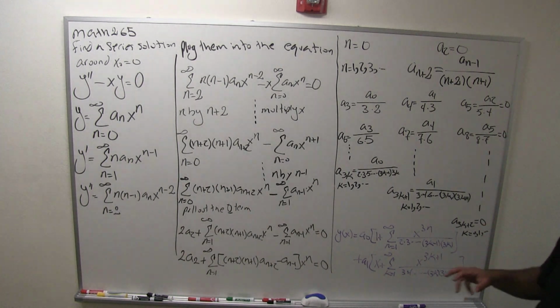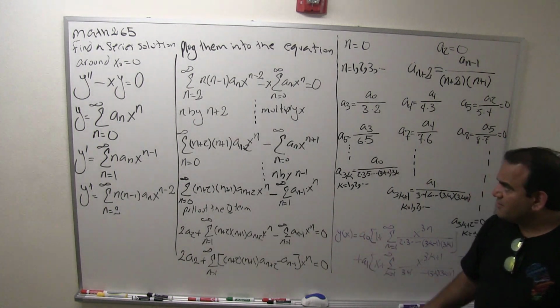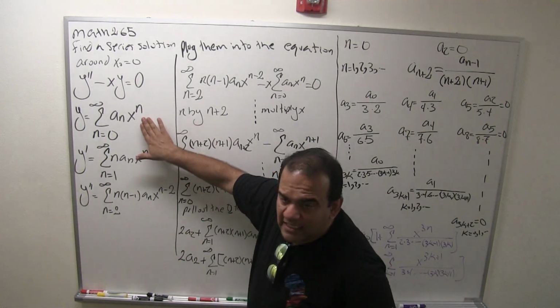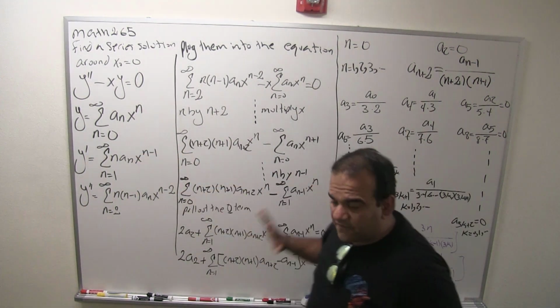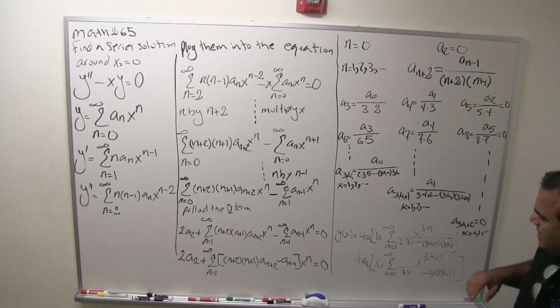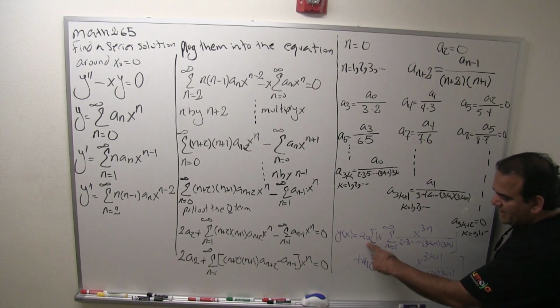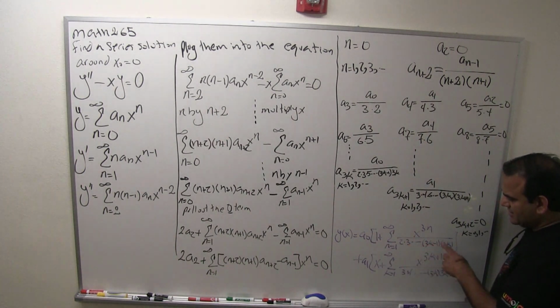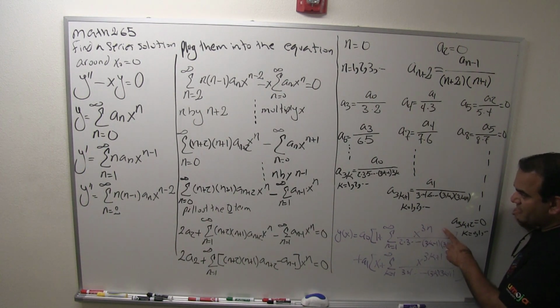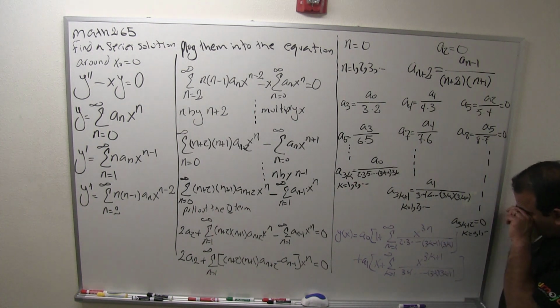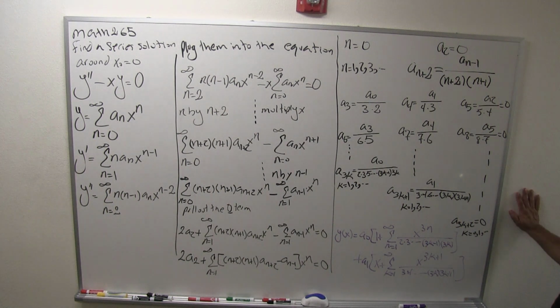So if we put this together, our general solution, remember, we do all these different terms because we want to define that series solution. What are the coefficients? If you put all the coefficients together, we notice we have some of them in terms of a0. So we have a0 times 1 plus the series from 1 to infinity, x to the power of 3n, because we have 3k, and very much the same coefficients.